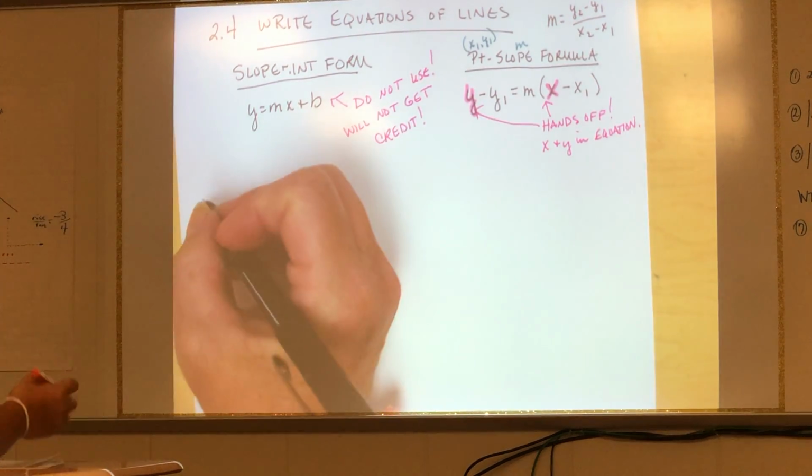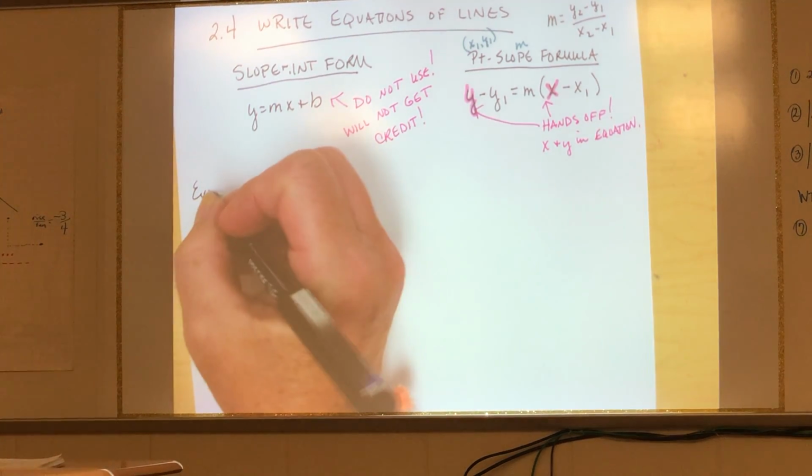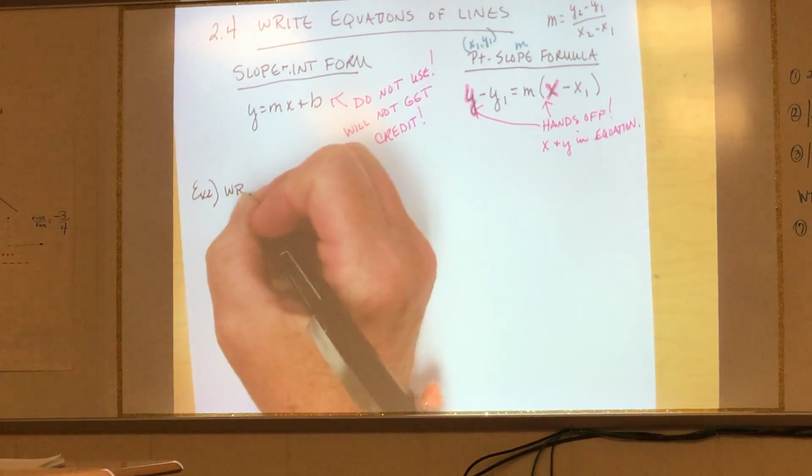So let's do our first example. It's actually our second one because I'm going to come back and do the first one later. So example 2, here's what you're going to do.